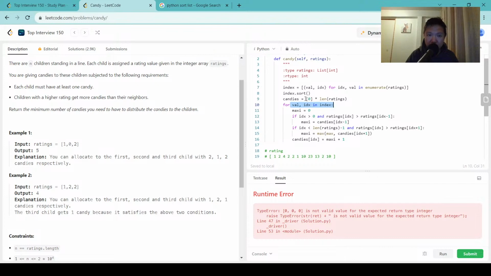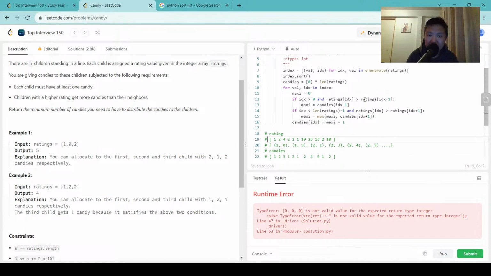If they are larger than you and have not been processed yet, they will get the value 0. So maxi equals max of maxi and this candies, which will give you 1. So you will be 1.